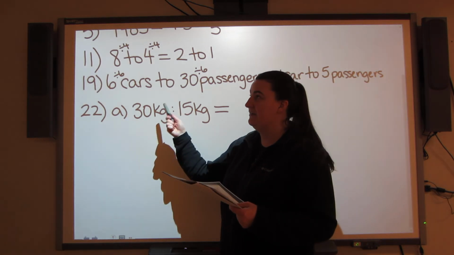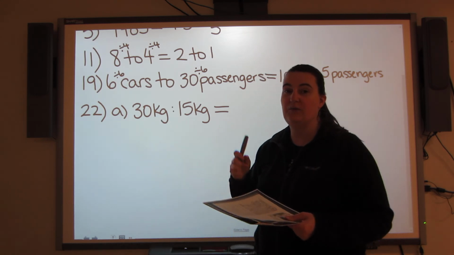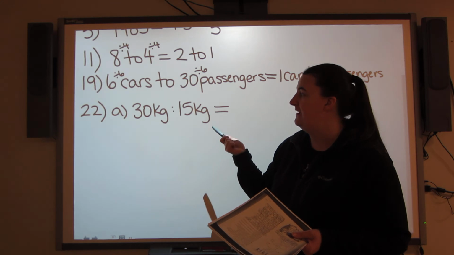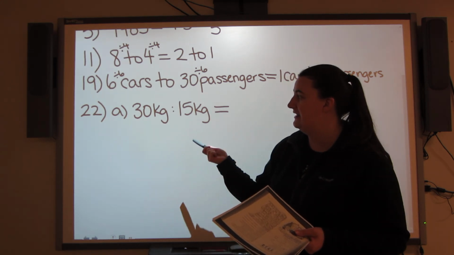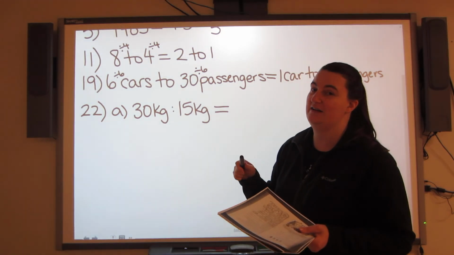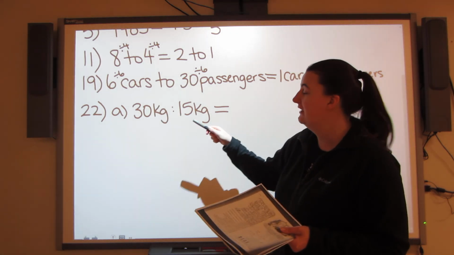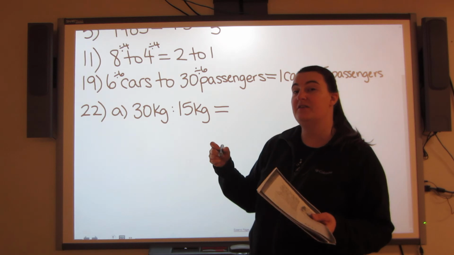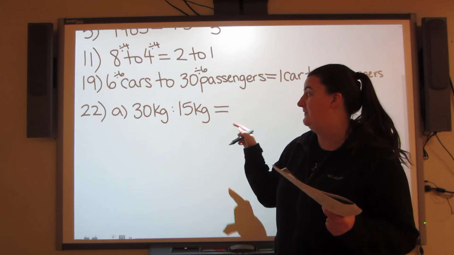So the things that we can divide into 30, 1, 2, 3, 5, 6, 10, 15, and 30 can all be divided into 30. What can you divide into 15? Just 1, 3, 5, and 15.